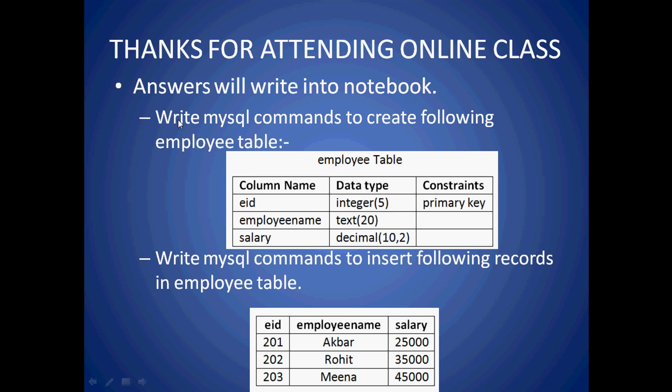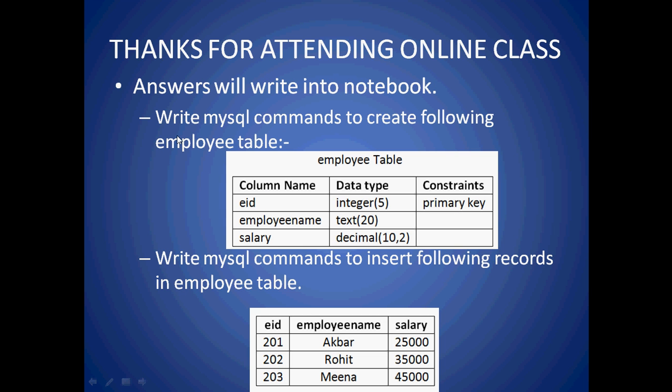Today I am giving two questions. You should write the SQL command according to this. First, write a MySQL command to create the following employee table. You can see the structure: column names EID, employee name, salary. Data types: integer 5, employee name text, salary in decimal 10,2. The constraint is primary key.